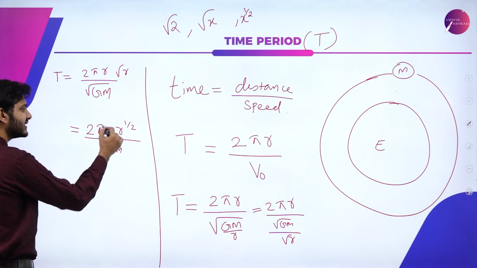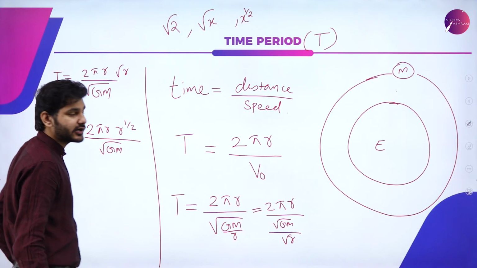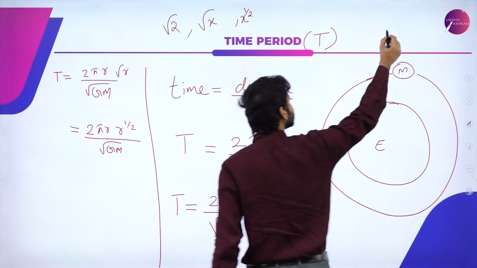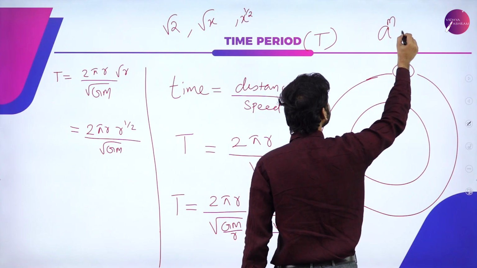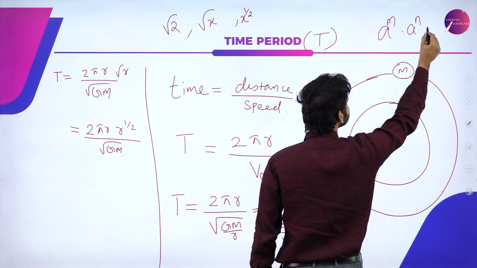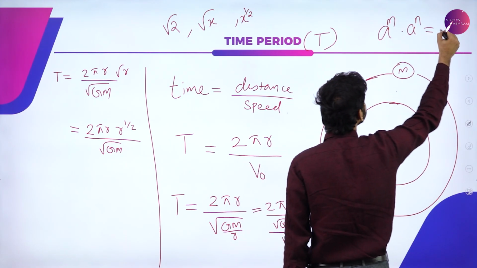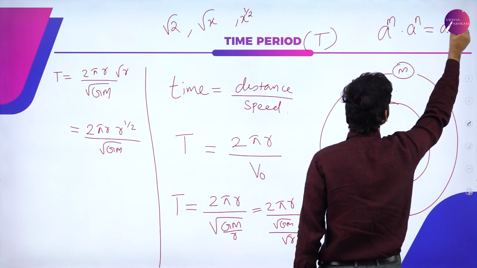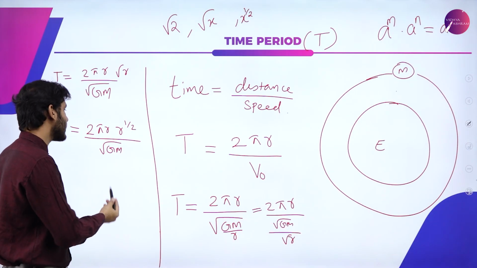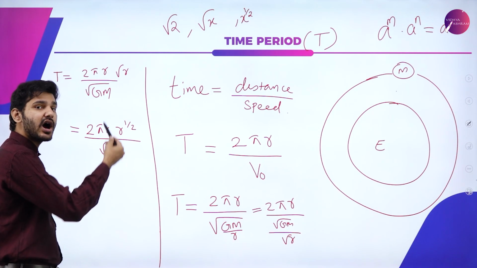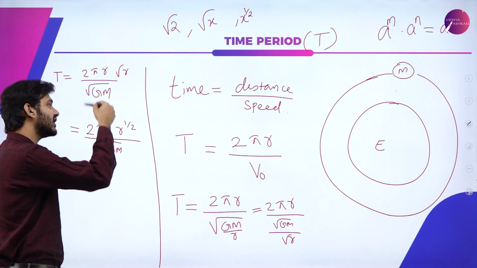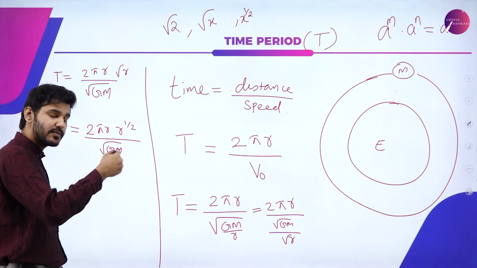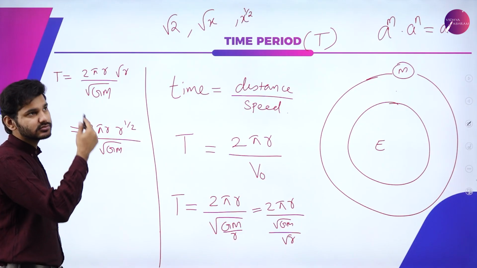Now, what is this r into r raised to 1 by 2? It is nothing but a raised to m into a raised to n, which is equal to a raised to m plus n. Again, this will become 2 pi r into r raised to 1 by 2, which is r raised to 1 plus 1 by 2. 1 plus 1 by 2 is nothing but 3 by 2.